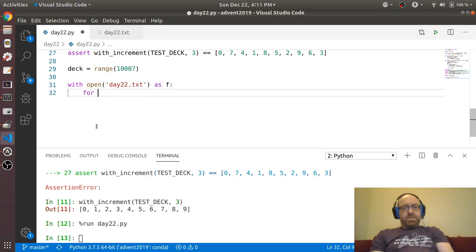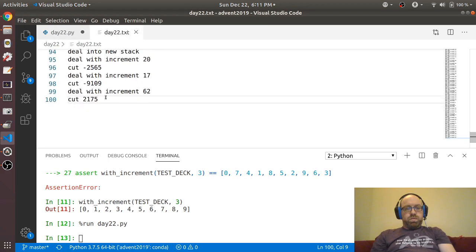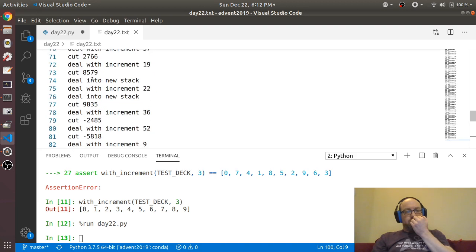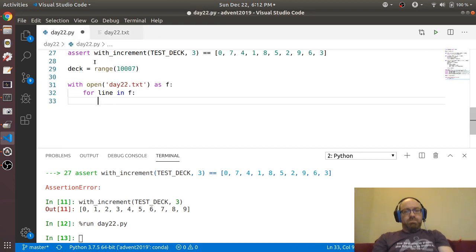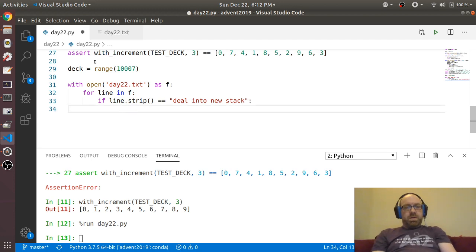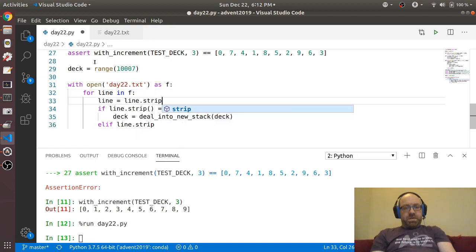day22.text as f for line in f. If line.strip equals deal into new stack, deck equals deal into new stack deck. Otherwise, let me do line equals line dot strip.